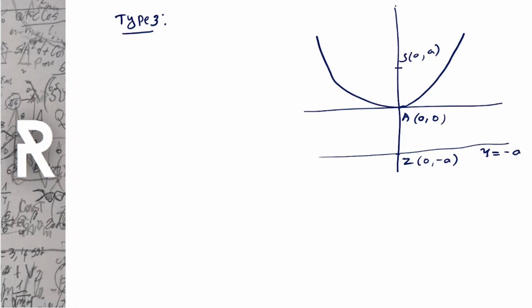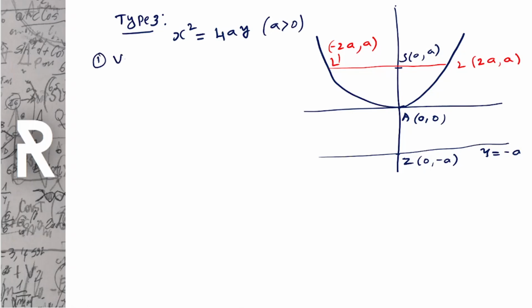Latus rectum L dash: (2a, a) and (minus 2a, a). Here the equation has x and y interchanged between type 1 and type 3. A value is always positive. It is an upward parabola, named as upward.